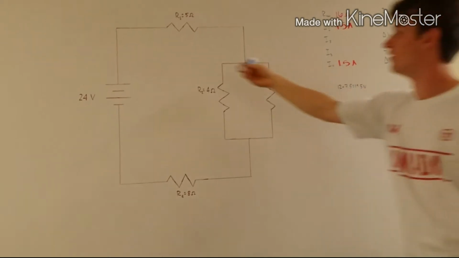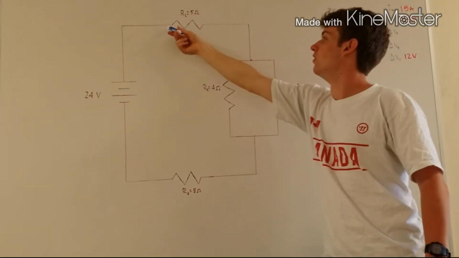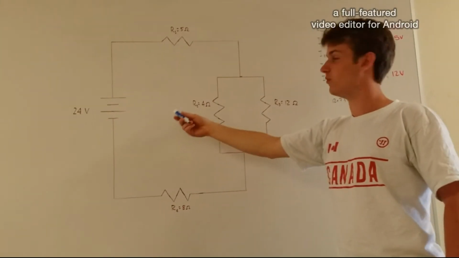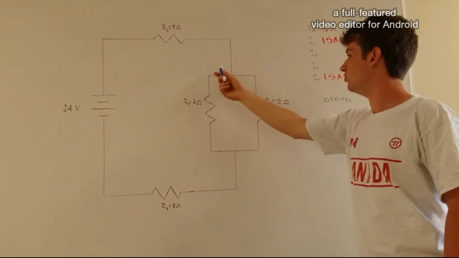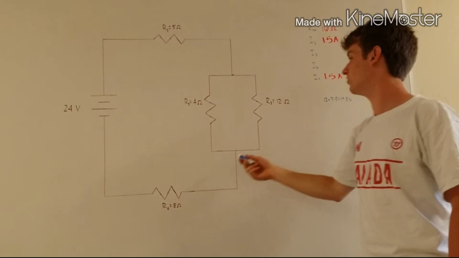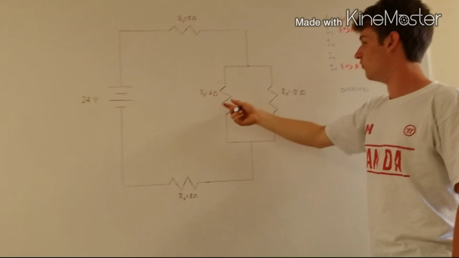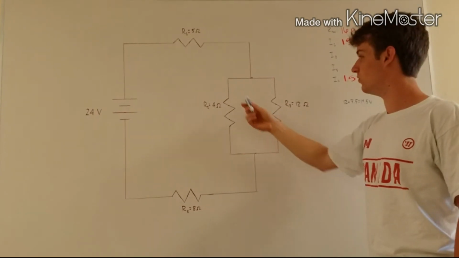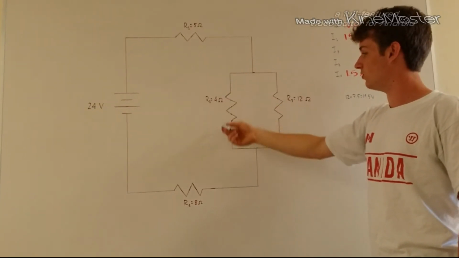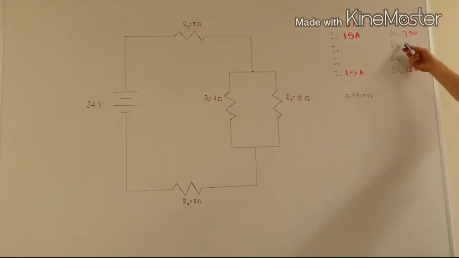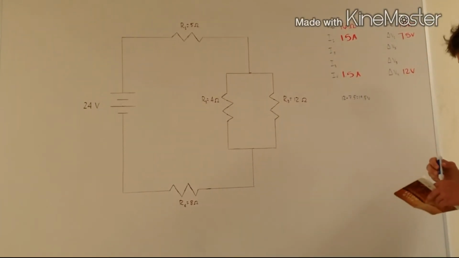So that means that 19.5 volts are dropping across here and here. So to get the rest of the 24, we need 4.5 to drop along this parallel branch. And we know that the defining characteristic of parallel circuits is that the voltage in the parallel branches is equal, so I know 4.5 volts drop from here to here, and here to here. So we can put that for the voltage across 2 and 3 in red.